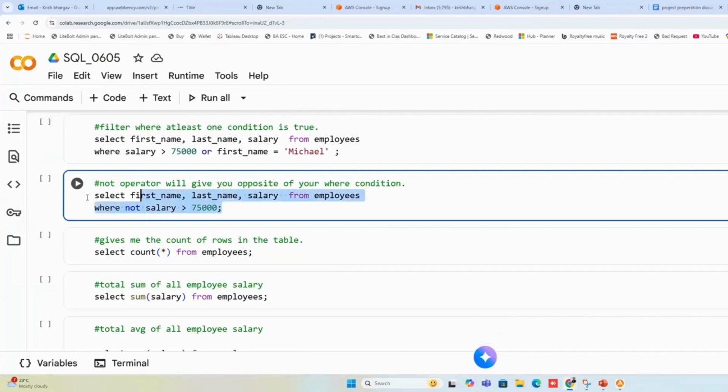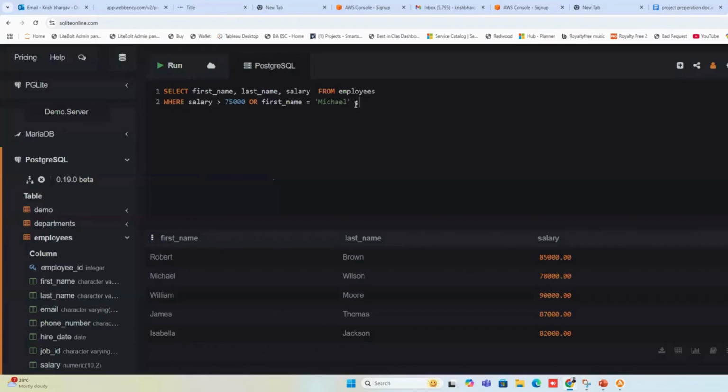Now we have NOT. NOT means opposite. So here I am filtering for data where salary is not greater than 75,000. Not NOT IN, only NOT.